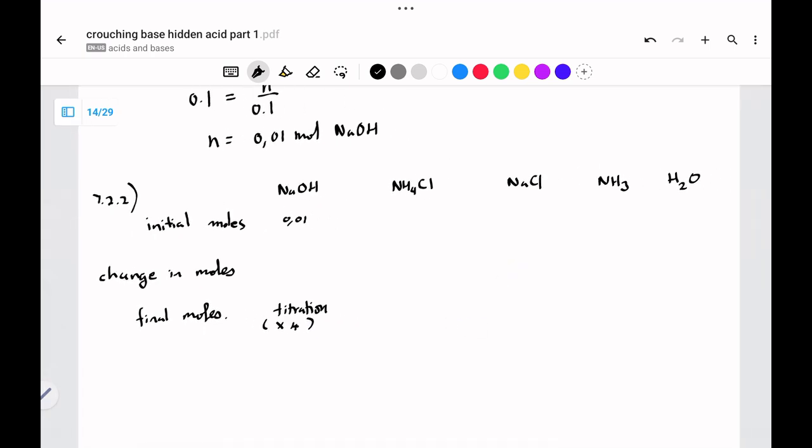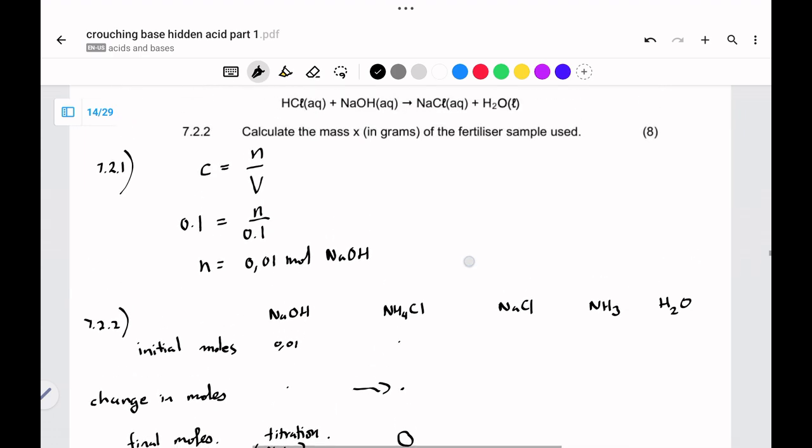So we're going to use this information to find the final moles, and once we do that, we'll be able to calculate the change in moles, and then we mole ratio across to this number. This was the limiting reagent. We had nothing at the end, so whatever change we had, it must have been numerically equal to the initial moles of the ammonium chloride.